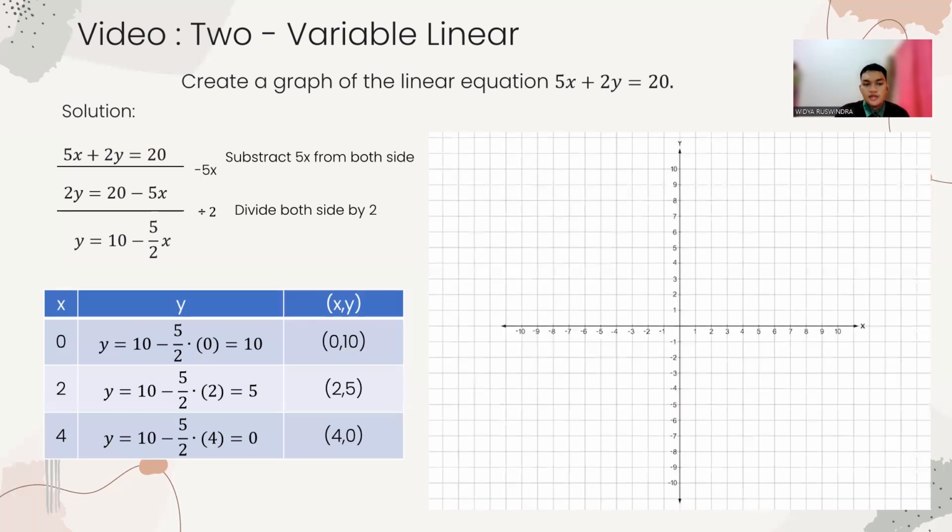This is the graph, and the first coordinate is (0, 10). The second coordinate is (2, 5). And the third coordinate is (4, 0). And this is the line of 5x plus 2y equals 12.